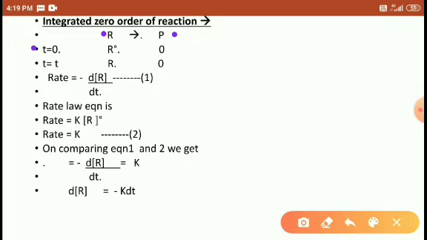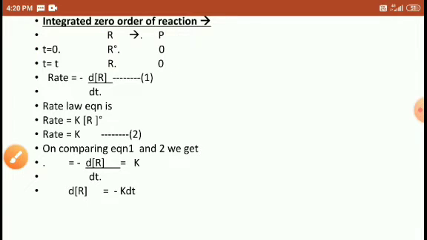The R is considered as R naught and the product is 0. At the time t is equal to t, the R naught becomes R and the product remains 0. There is no formation of product here.